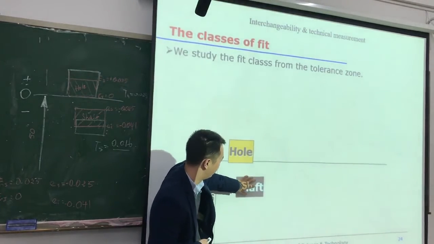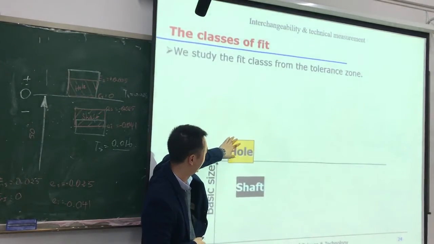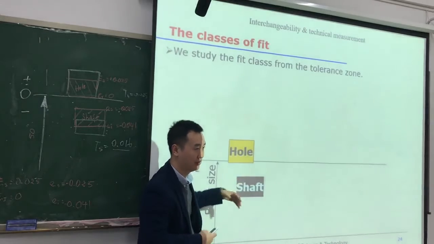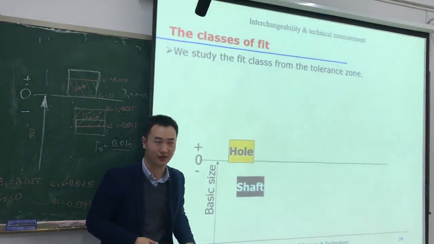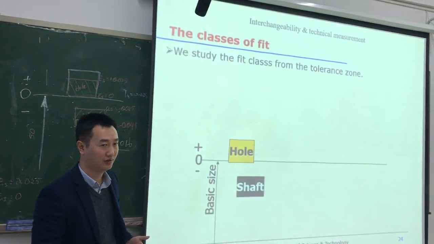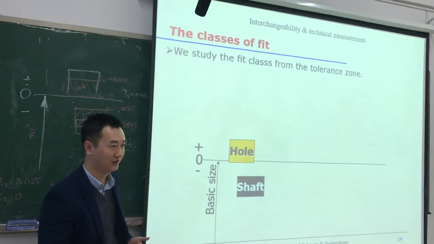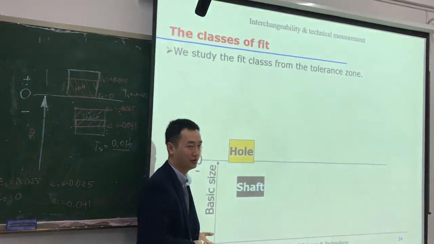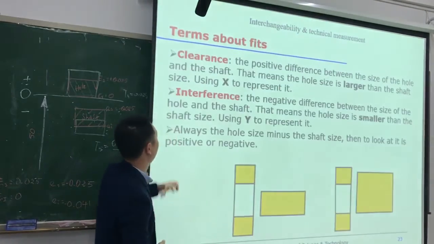The tolerance zone of the shaft is totally below the tolerance zone of the hole. So when they fit together, their fit type must be what? Clearance, right? Clearance.